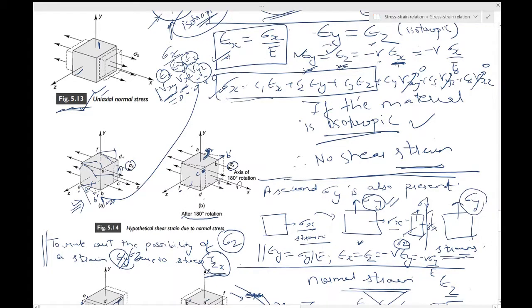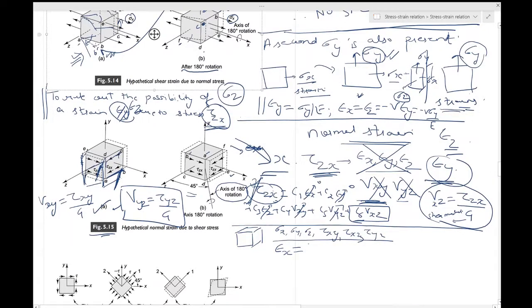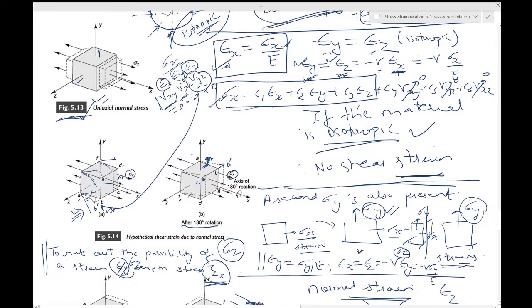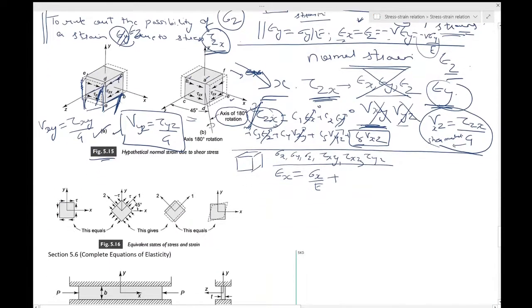So epsilon x would have sigma x by E. Then for sigma y, epsilon x would be equal to minus of this value, so that would be minus nu sigma y by E, and then again because of sigma z which is acting, you would have minus nu sigma z by E.